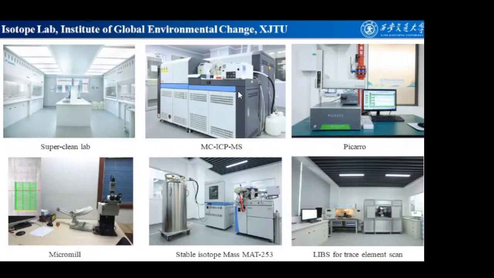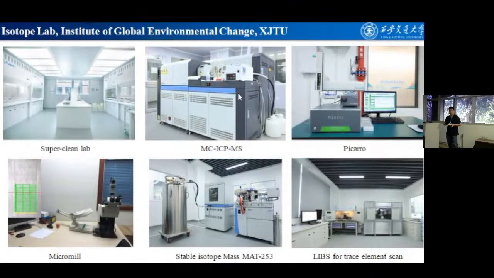Here just shows some equipment and a super clean lab. We have two Neptune, one is for uranium thorium dating, one is for uranium lead dating. We have Picarro, also we have three MAT 253, and also we have LIPS, this is for trace element scan.